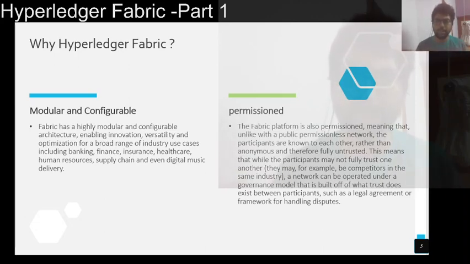This may lead to a lack of trust, because your parties are anonymous, and the transaction between them is different. But in Hyperledger Fabric, it will be known participants, and it gives a more secure governance model, where the participants have a legal agreement and framework for handling disputes between them.